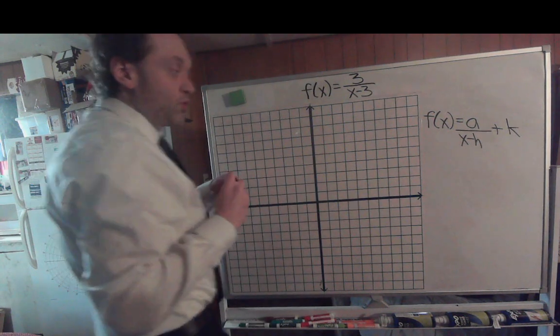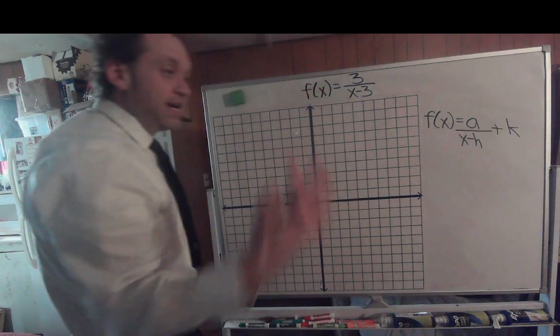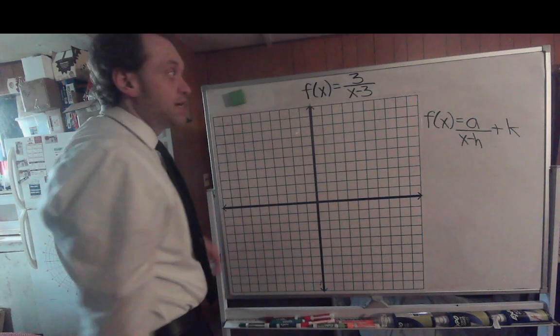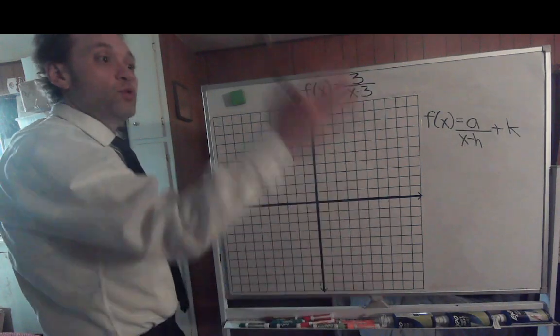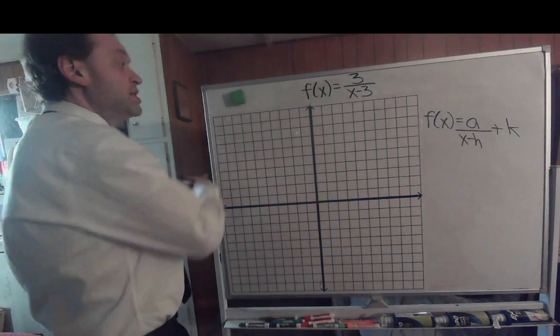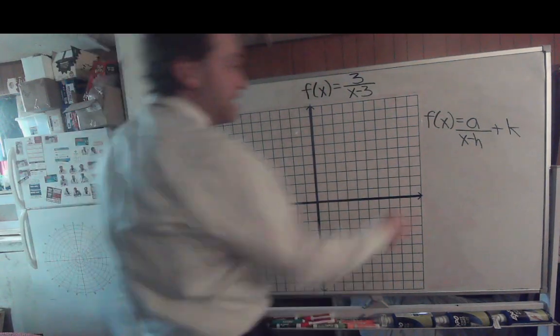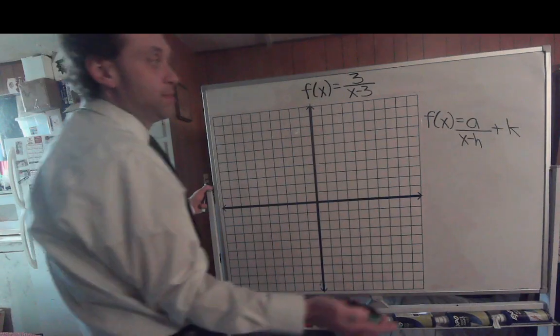That a, of course, is the constant. Your minus h is a shift either left or right. And then pretty soon we'll get to plus k, which is a shift up or down, vertically. So that's the general form for a rational function, at least where you have a linear expression in the denominator.